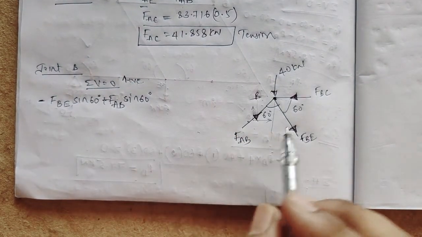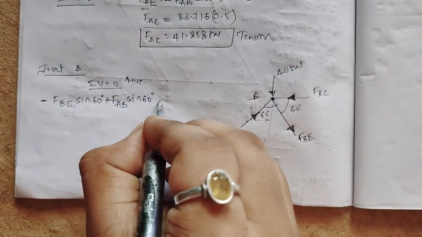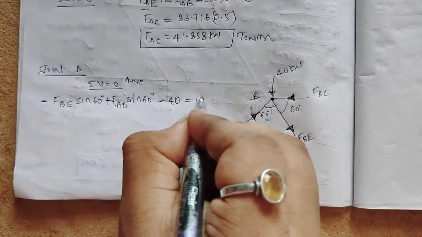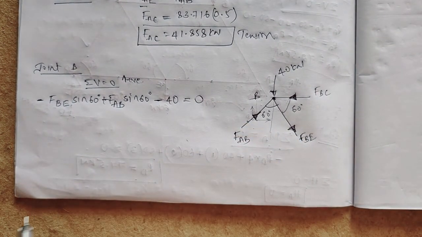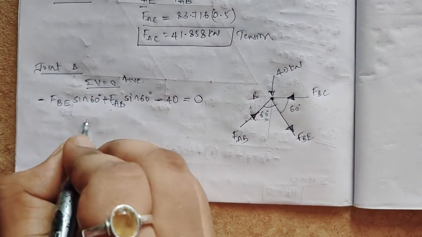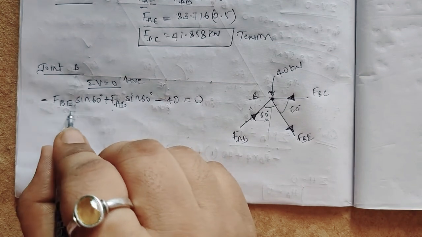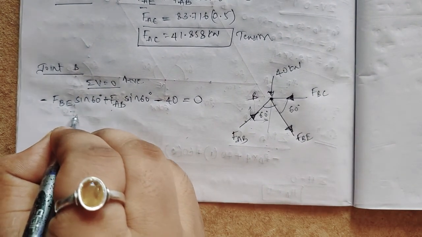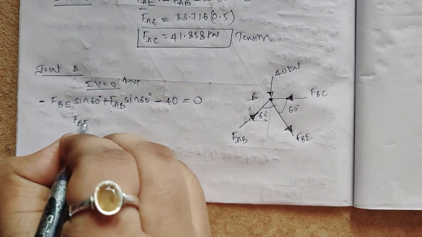Then what are the vertical forces? 40 is coming downwards, so minus 40 is equal to 0. Now FAB I know, sin 60 I know, FBE I have to find, right?